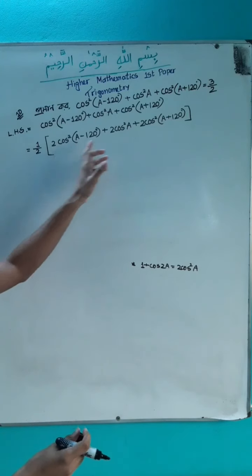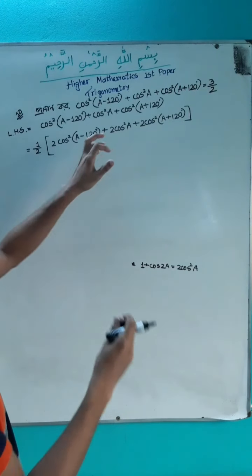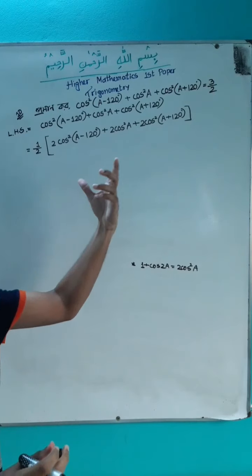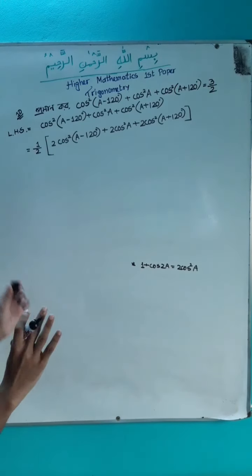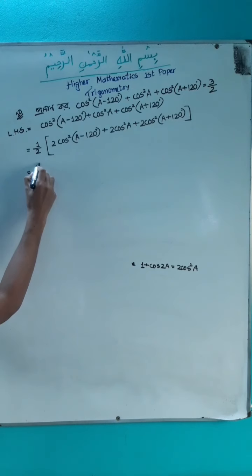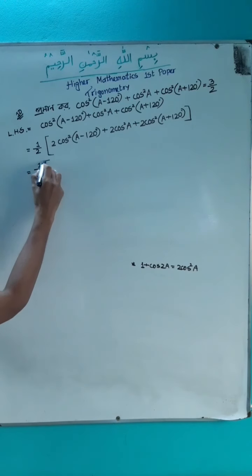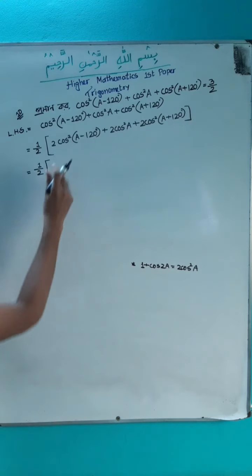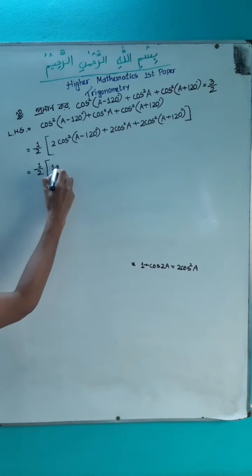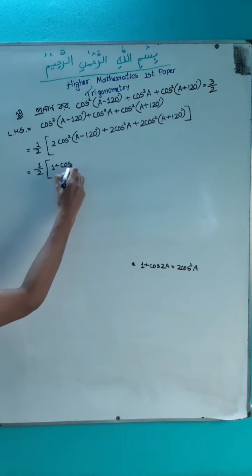We can take 2 common and then that common 2 and these 2 will be cancelled out. So we are on the right path. Now half, 2 cos square a means 1 plus cos 2a. This is our a. 1 plus cos 2a.